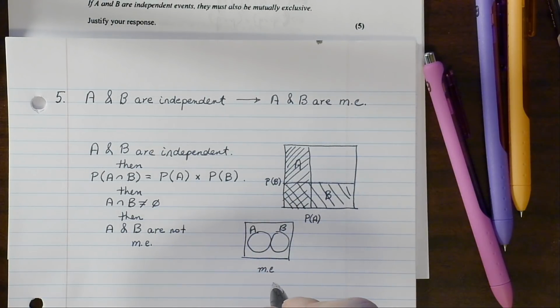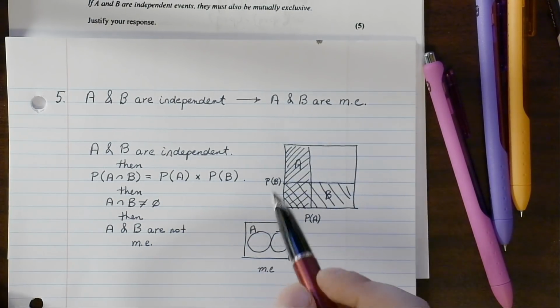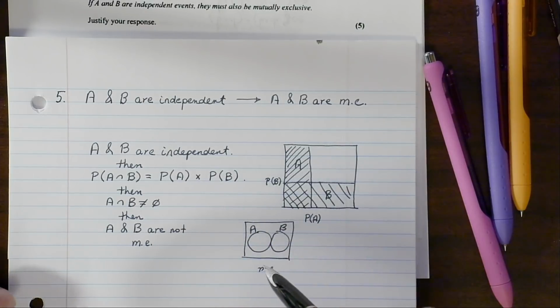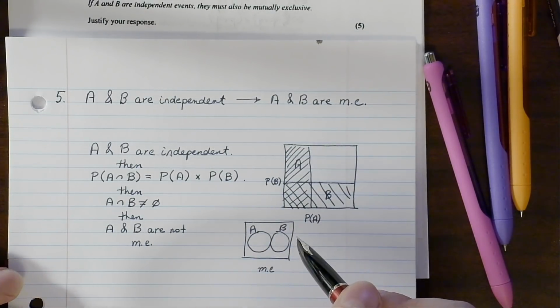So I would say, sure, this is possible. I think that there should be one more thing that we add in this. I think that is the answer that they were looking for, 5 marks.